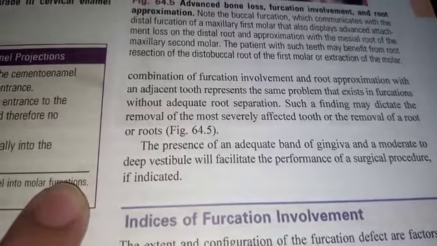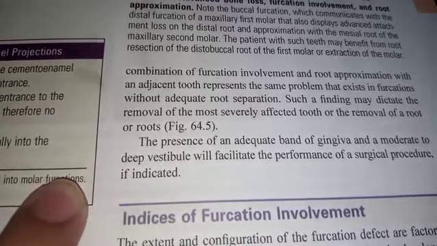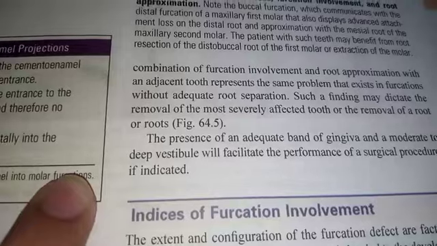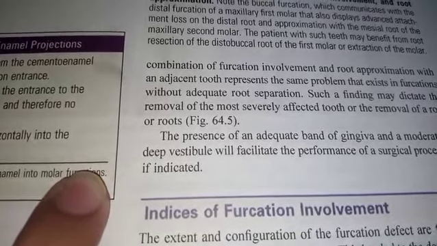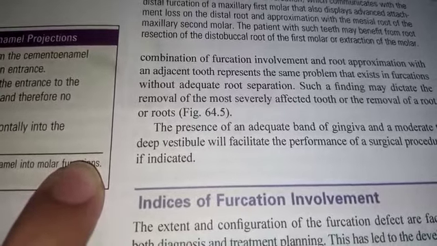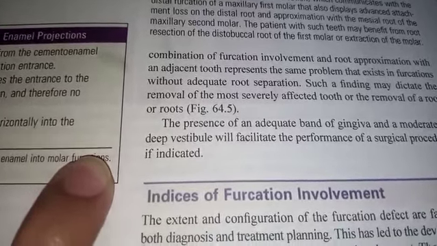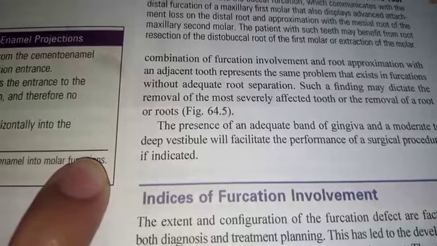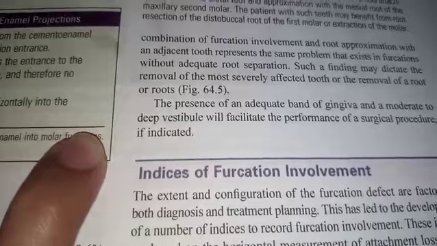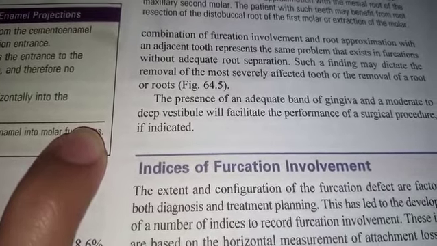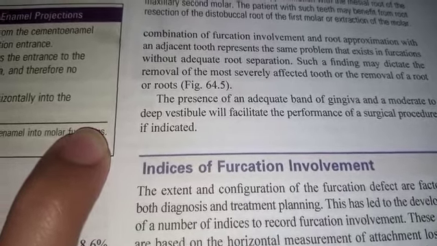They do not have proper root separation. Such findings may require the removal of the most severely affected tooth or removal of the roots. The presence of an adequate band of gingiva or moderate to deep vestibule will facilitate the surgical procedures.